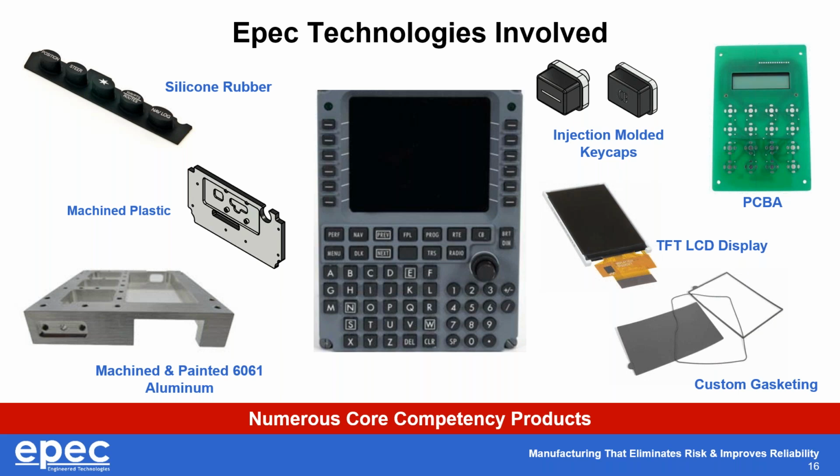Epic has a number of core technologies that we support that range from circuit boards to machine parts to compression molded rubber to off-the-shelf and custom LCD displays, gasketing, and all the items that go in between. Because these are all core competencies, because we're experts in all of these, we have an existing supply chain.